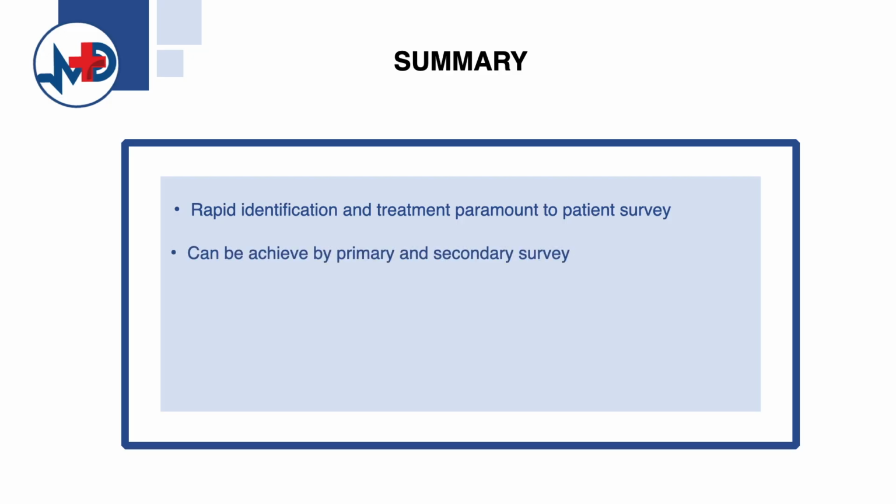To summarize, chest injuries are common and often life-threatening in trauma patients. Therefore, rapid identification and treatment of these patients are paramount. This can be achieved through primary and secondary surveys, which can be referred to in the emergency department module. Airway management is vital and aggressive management is required for most chest injuries.